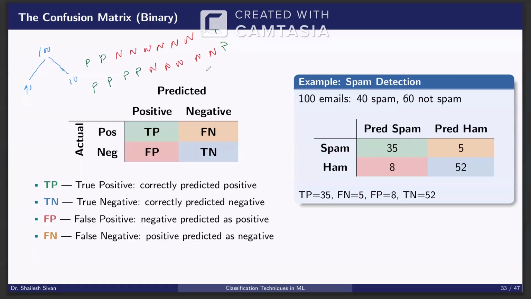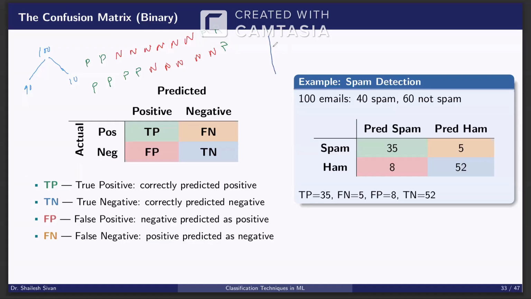Is it clear? Because of the errors in the classification, we are getting some mistakes. So how can I calculate the performance of my classifier? What is the criteria for that?